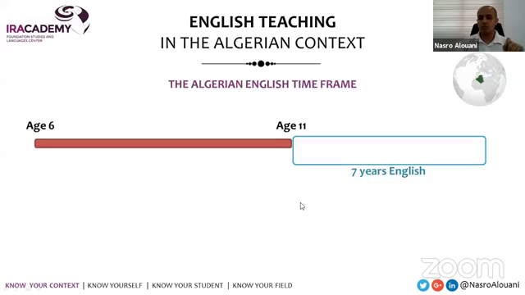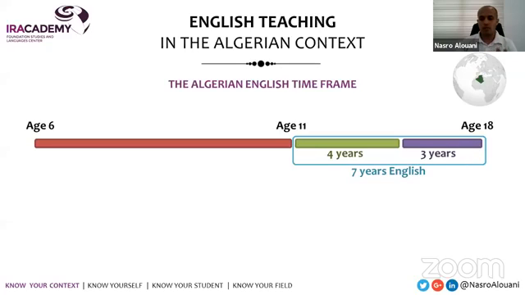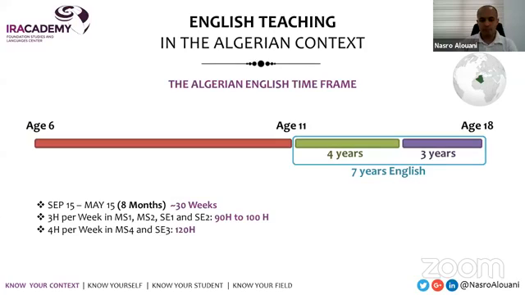I'm talking about public schools, yeah? Then for 7 years, students study English in the curriculum: 4 years in middle school and 3 years in high school, till age 18. So this is the time frame for English learning.